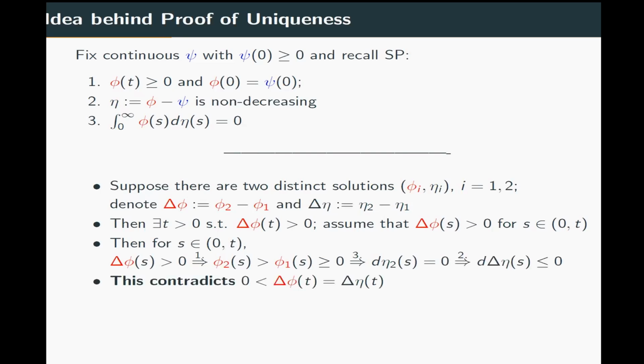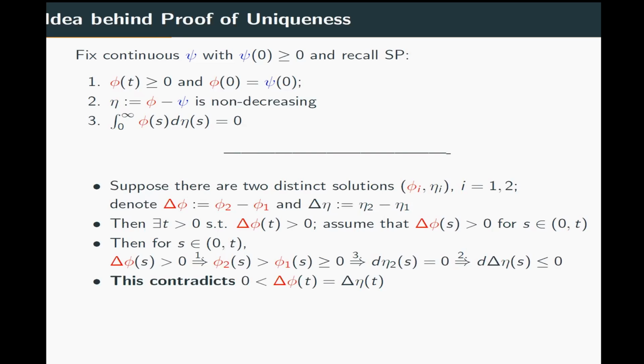And in turn, that implies, since d eta 1 s is always greater than or equal to 0 because it's non-decreasing, that d delta eta s should be less than or equal to 0. But delta phi t has to be equal to delta eta t because psi is the same input, right? So this contradicts, of course, what I assumed, that delta phi t is strictly greater than 0, but this says that it is less than or equal to 0 because eta starts at 0.